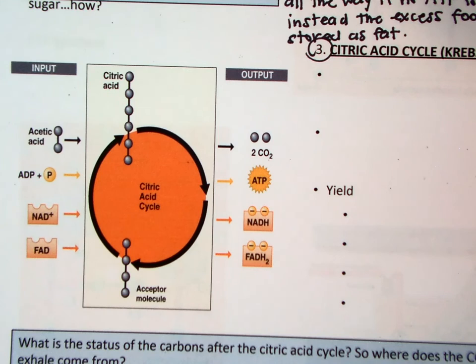So this is kind of the bane of every biology student's existence. And as a student, I would hear the teacher say citric acid or Krebs cycle, and I would immediately zone out, because I'm like, this is too much. There ain't no way that this brain is going to understand all this.